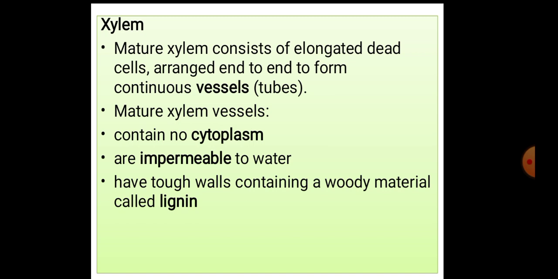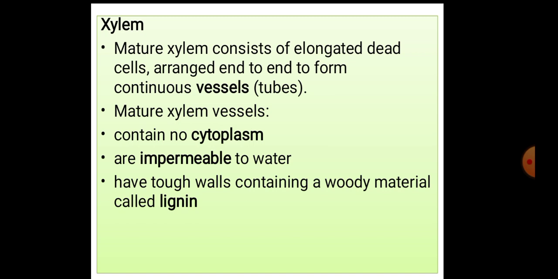A vessel is a long cylindrical tube-like structure made up of many cells called vessel members, each with lignified walls and a large central cavity. Xylem fibers have highly thickened walls and obliterated central lumens. These may either be septate or aseptate.